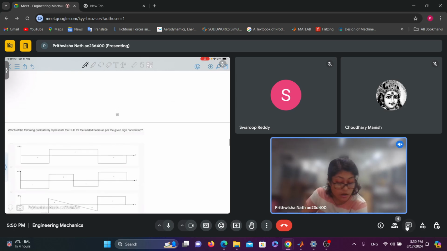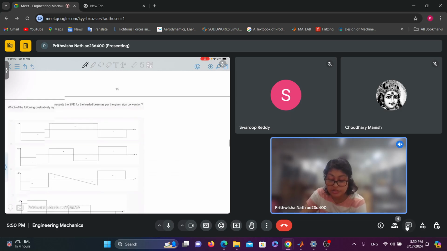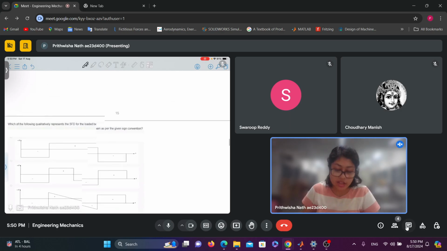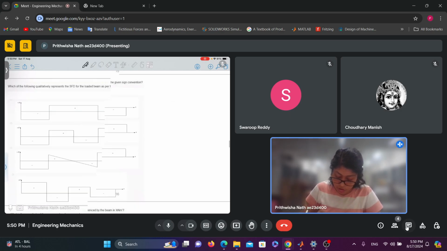Now we are asked to find out which is the correct SFD as per the given sign convention. So for this we need to draw the SFD.